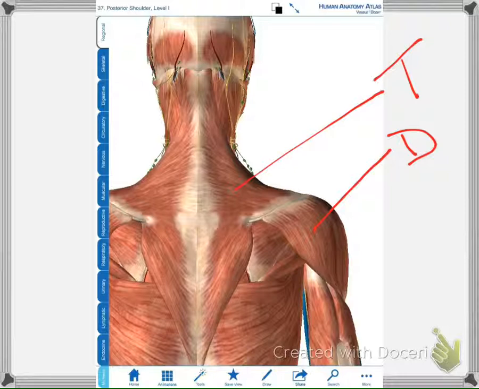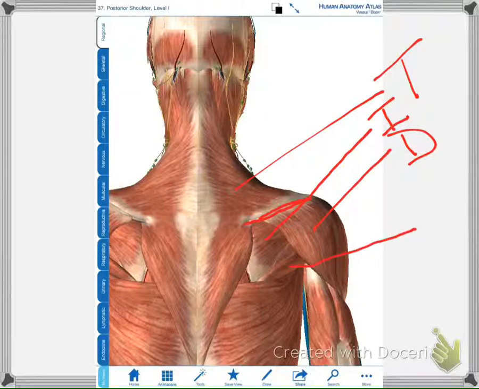The infraspinatus is right here below the spine of the scapula. The inferior muscle in this area is our teres major, and between the infraspinatus and the teres major is the teres minor.